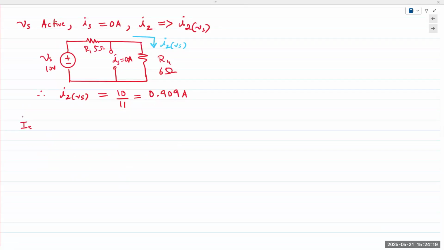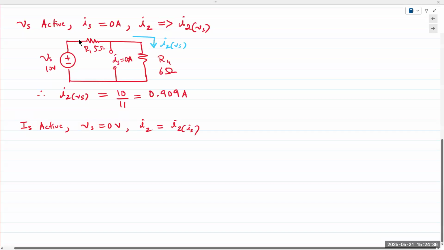How about now we have Is active and Vs is equal to 0 volts. I2 is now referred to as I2 due to Is, in the exact same circuit.